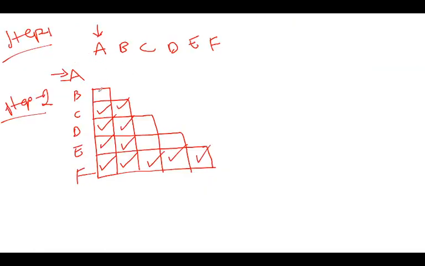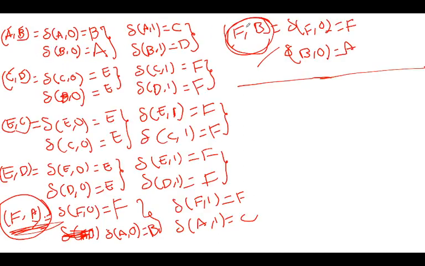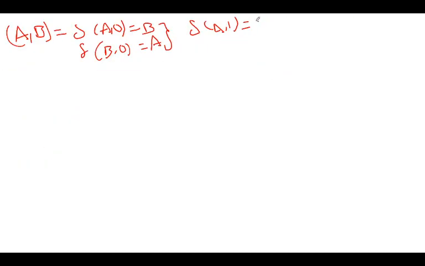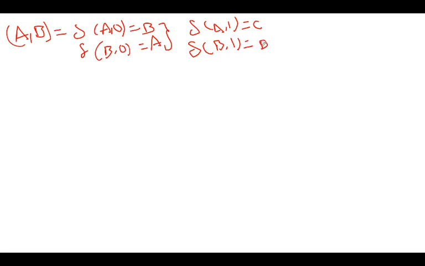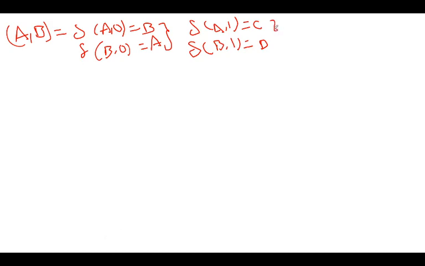Here A, B are unmarked, so we have to skip this part. Now search for another input, A comma 1. A on taking input 1 goes to the C state. Now transition of B comma 1 goes to D. CD is unmarked, so skip this part.